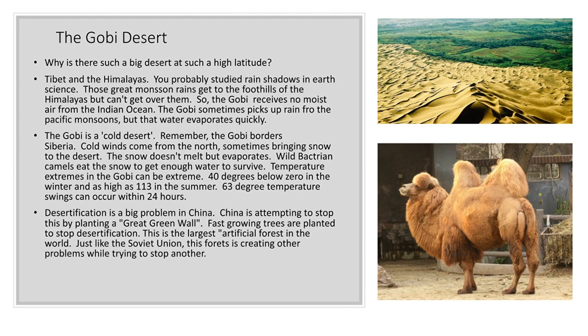Well, the reason for that is the Tibet and the Himalayas, that high land. And you remember when we studied the monsoons in India, and you probably, I hope I mentioned here, you studied rain shadows in earth science. I think you might have covered that. But what happens is when those monsoon rains and clouds come in, they hit the Himalayas and Mount Everest, and they stop dead right there, and they can't get over that high mountain.